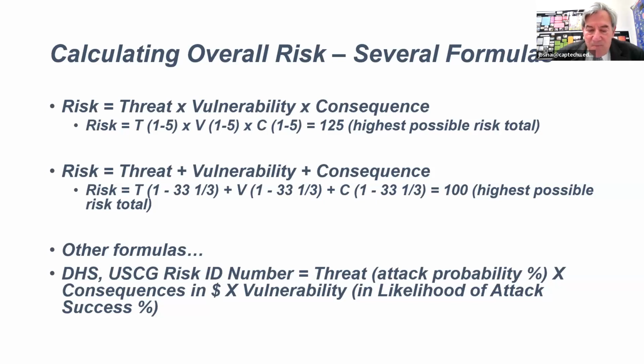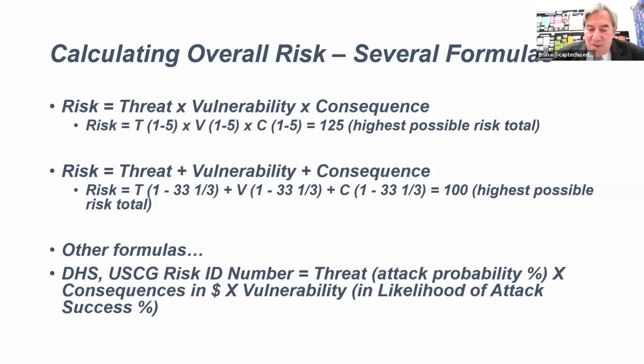So, for example, one formula that is used to assess overall risk is threat times vulnerability times consequence, with risk, let's say, scored on a scale of 1 to 5, vulnerability 1 to 5, and consequence 1 to 5.